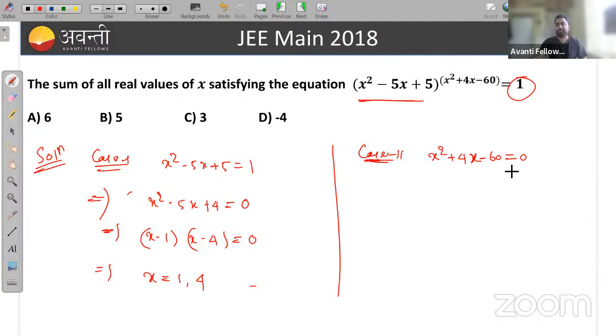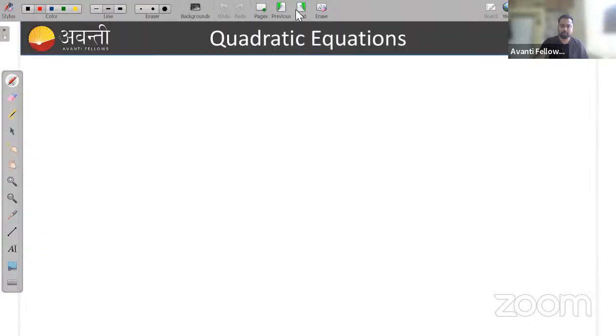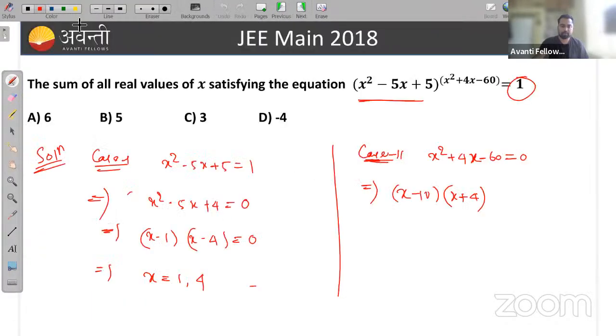Now try case 2. If this is equal to 0, and we factorize it correctly, x minus 10 into x plus 6 is equal to 0.